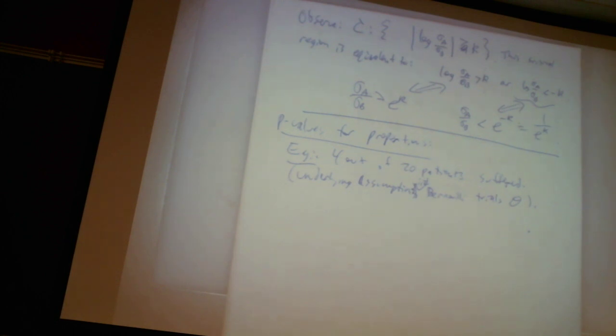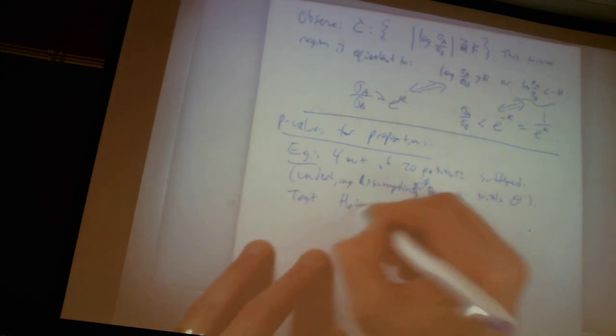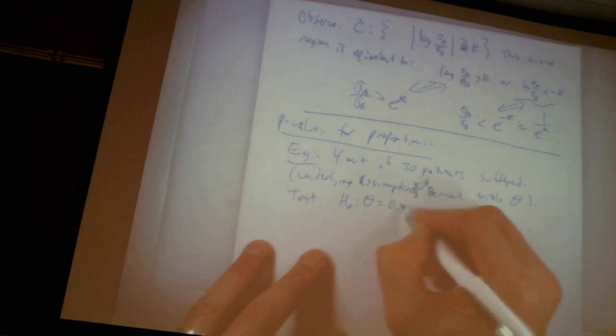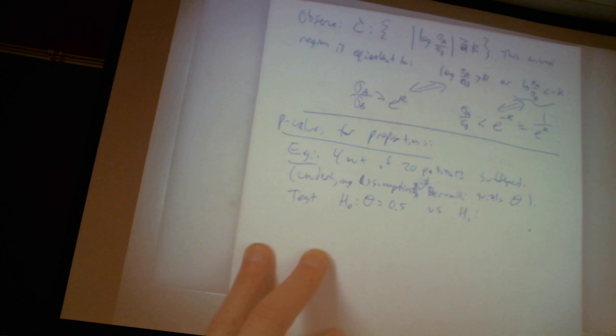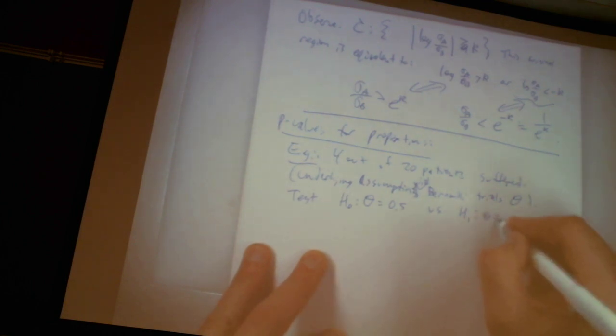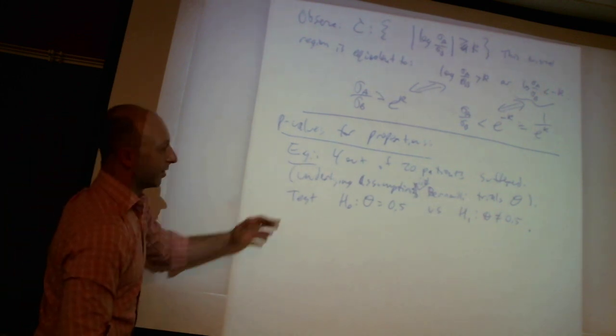So theta is the probability that you suffer. Let's test the null hypothesis that theta is equal to 1/2 against the alternative hypothesis that theta is not 1/2, and let's find a p-value for this particular experimental outcome.